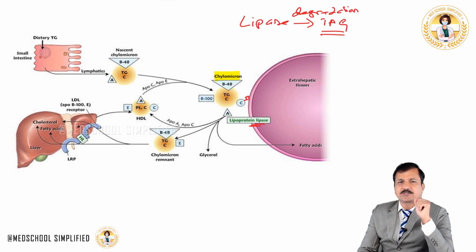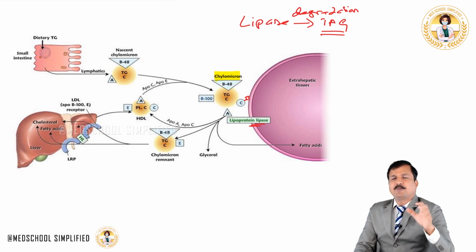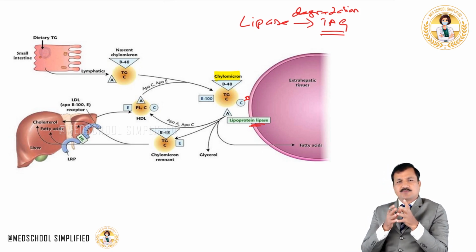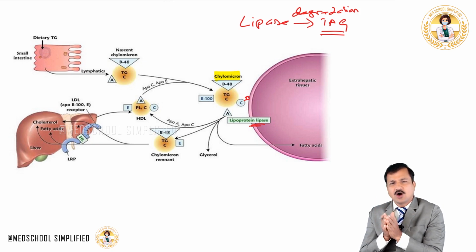Now this lipoprotein lipase has got a tissue specific expression. What is tissue specific expression of lipoprotein lipase? Lipoprotein lipase is expressed over the endothelial capillaries of the heart.